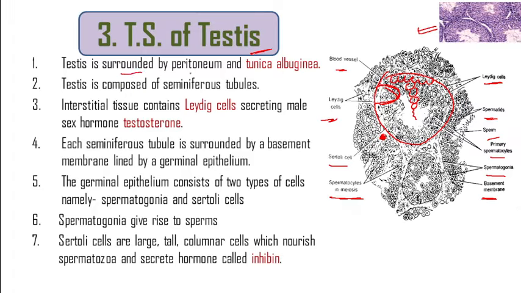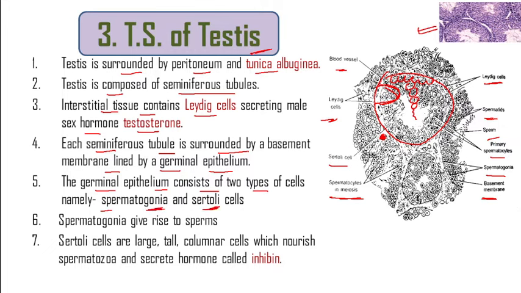So the testis is surrounded by peritoneum and tunica albuginea. Testis is composed of numerous seminiferous tubules. Interstitial tissue contains the Leydig cells secreting the male sex hormone, which is testosterone. Each seminiferous tubule is surrounded by a basement membrane lined by a germinal epithelium. The germinal epithelium consists of two types of cells, namely the spermatogonia cells and the Sertoli cells.